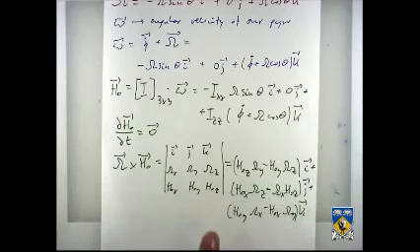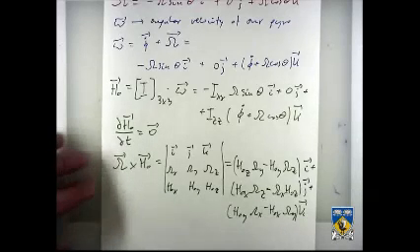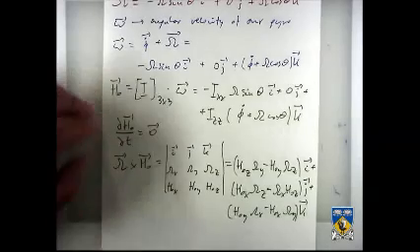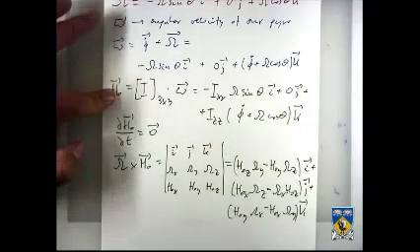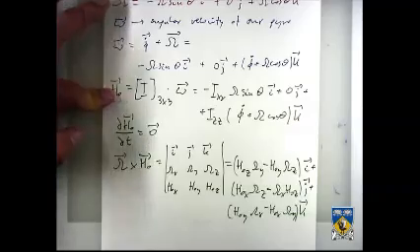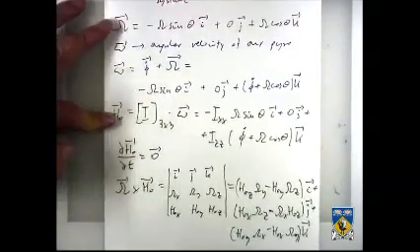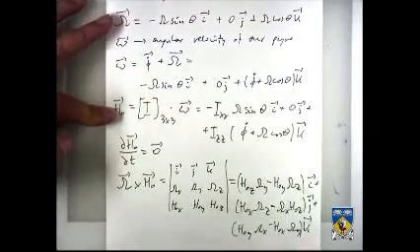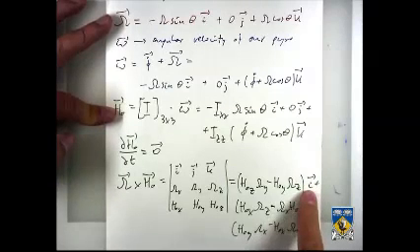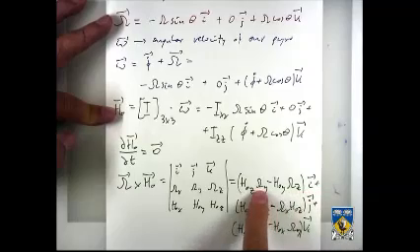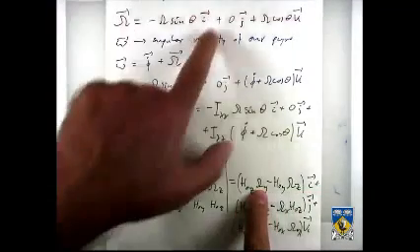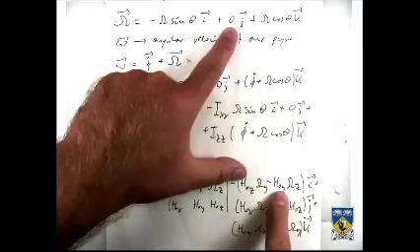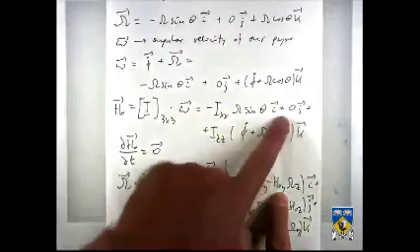Okay, so now, if we look at this result, and look at how H and capital omega look, we can easily see that most of the stuff here is actually 0, right? If we look at the I direction, here we have omega y, but omega y is 0, and here we have hy, but hy is 0.